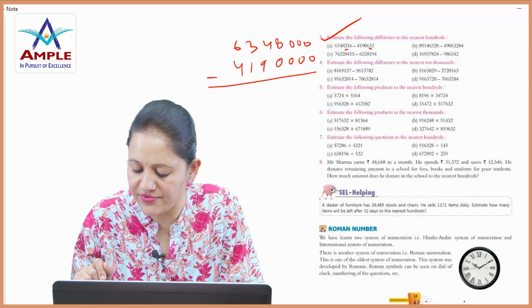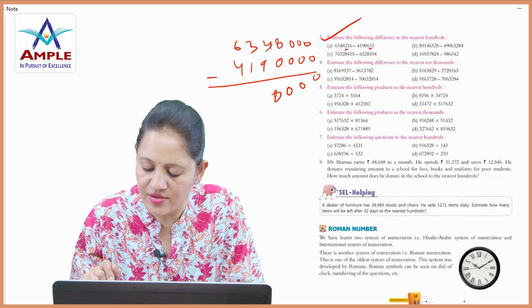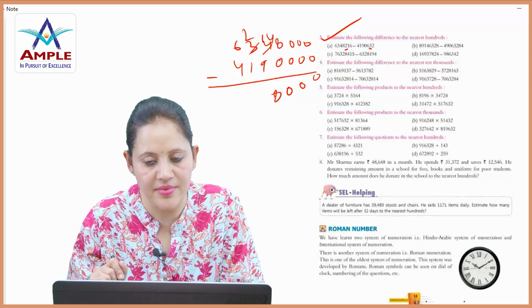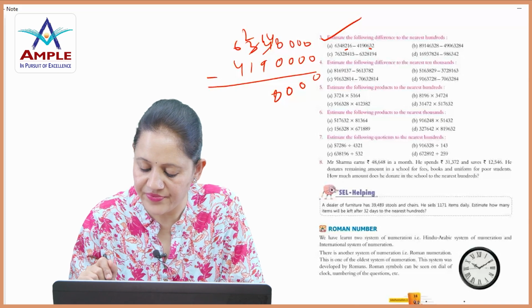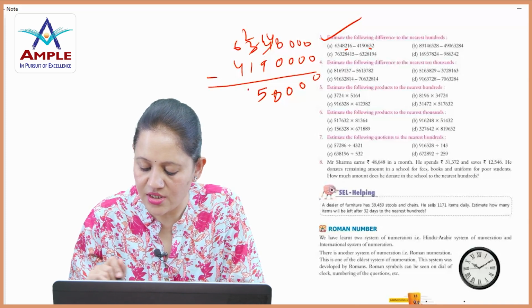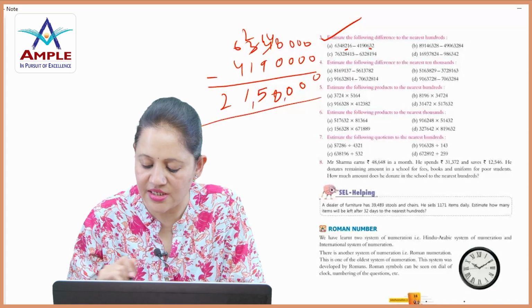Now we'll find the difference, 0, 0, 0, 8, 14 minus 9, that is 5. 1, 2. That is our estimated difference.